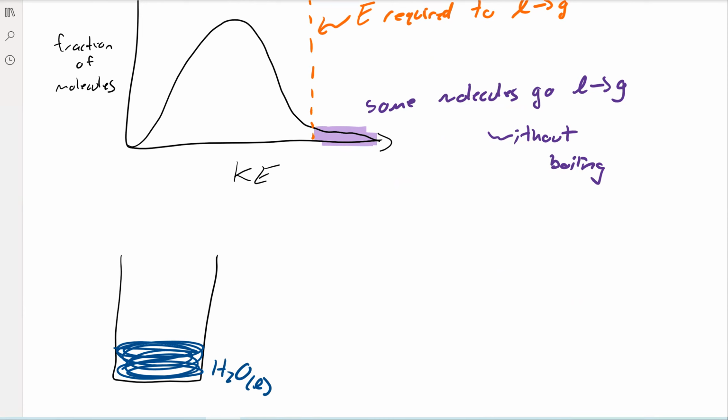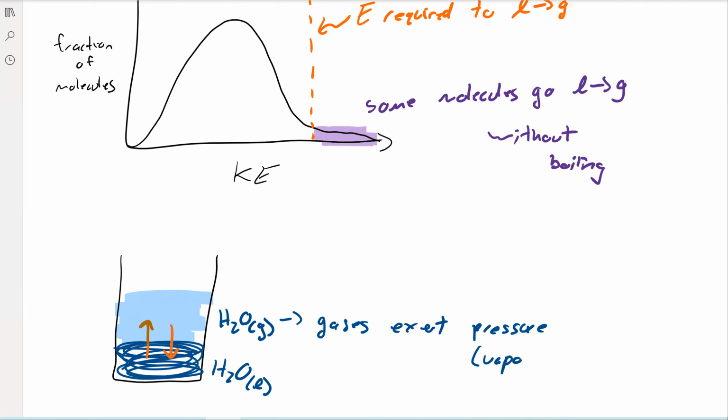So some of these molecules of liquid are going to be turned into a gas, that I'll indicate right here, and vice versa. These molecules are going to be jumping back and forth between the liquid and gas phases. And anytime we have a gas, that gas is going to exert pressure. This is what's known as vapor pressure.